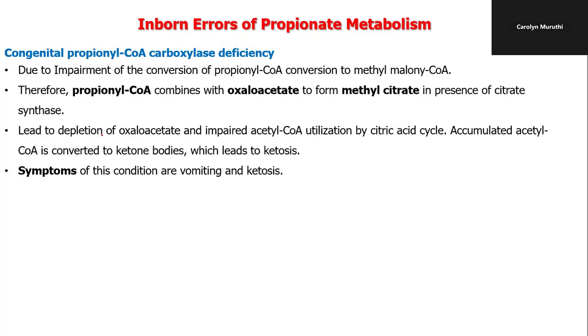This will result in depletion of oxaloacetate and therefore impair the citric acid cycle. The accumulated acetyl-CoA will then be converted to ketone bodies, leading to ketosis. And so the symptoms associated with congenital propionyl-CoA carboxylase deficiency are vomiting and also ketosis.